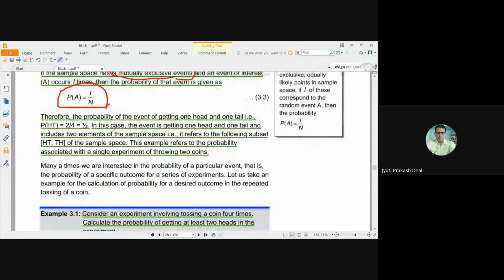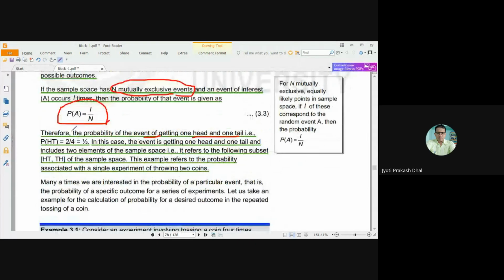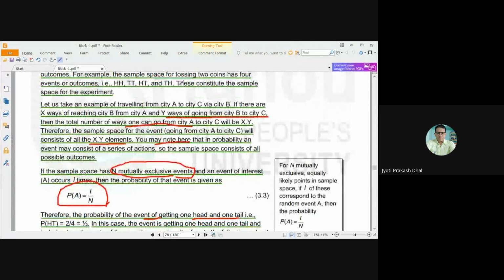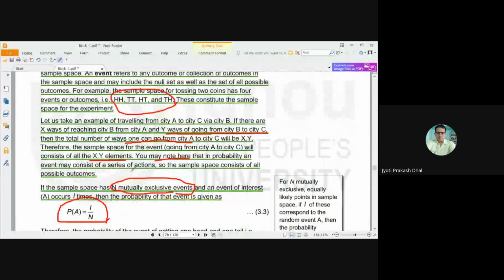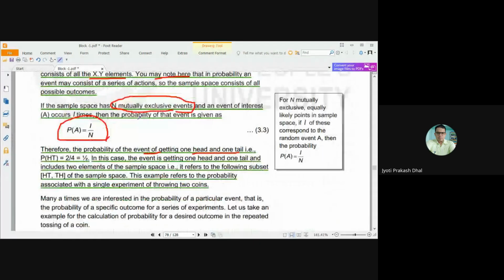Therefore, the probability of getting one head and one tail is 2 by 4. The total number of events for tossing two coins is 4, and the probability of getting one head and one tail is 2 divided by 4, that is equal to half.